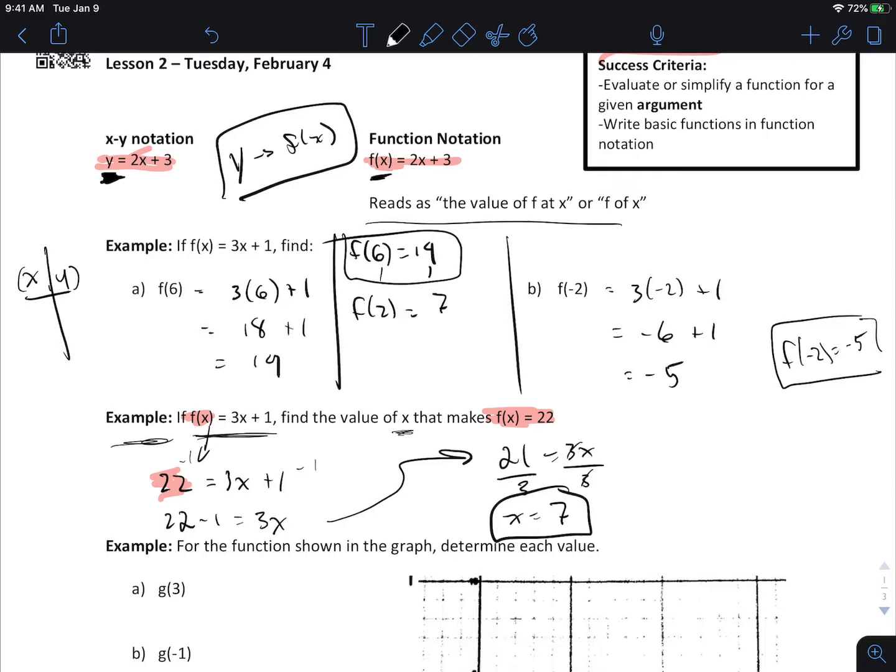There's the input, what I have to put into my machine in order to get an output of 22. Make sense? It's like x and y, it's just a different look. Okay? Do we have any questions so far?